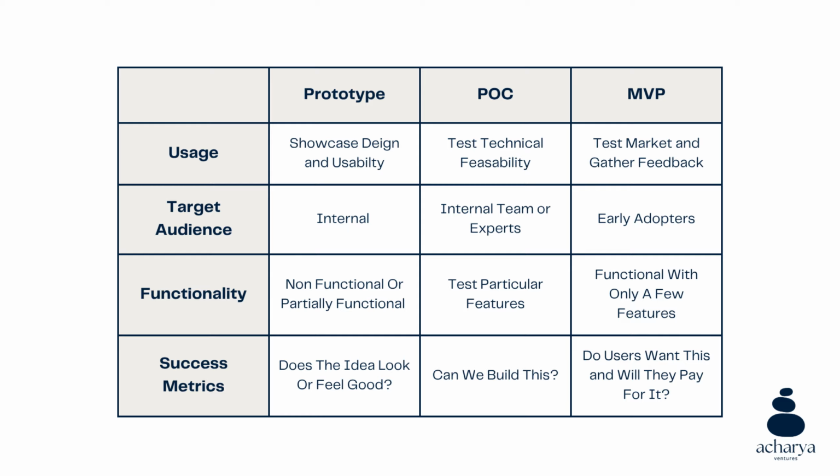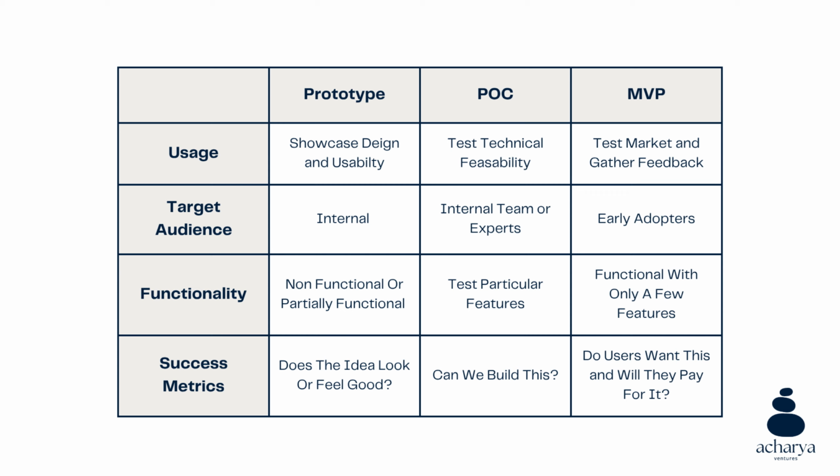In terms of the target audience, a prototype is used majorly for internal audiences, for showcasing within the internal teams and to understand whether something looks good. A POC is again used by internal teams or given to experts for their feedback, versus an MVP, which is majorly used by external audiences, by your early adopters.